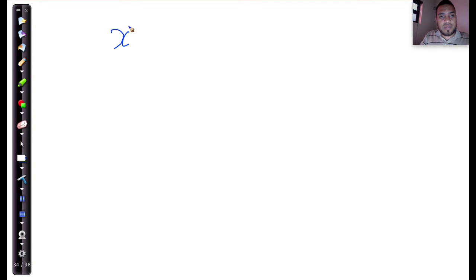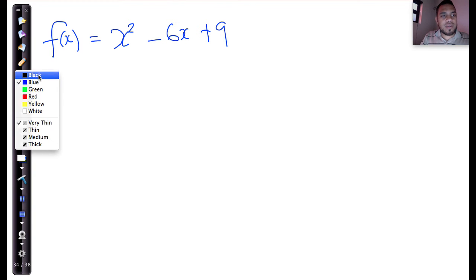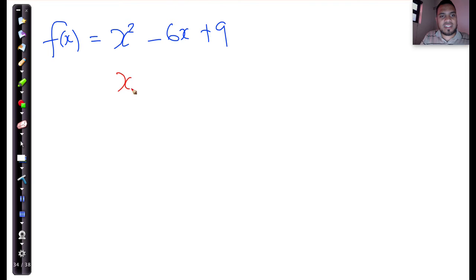So the first question was x squared minus 6x plus 9. Now remember, if this is a function, I can call the function f of x equal to this. In order to solve this, I need to equate f of x to 0. So I say x squared minus 6x plus 9 is equal to 0.